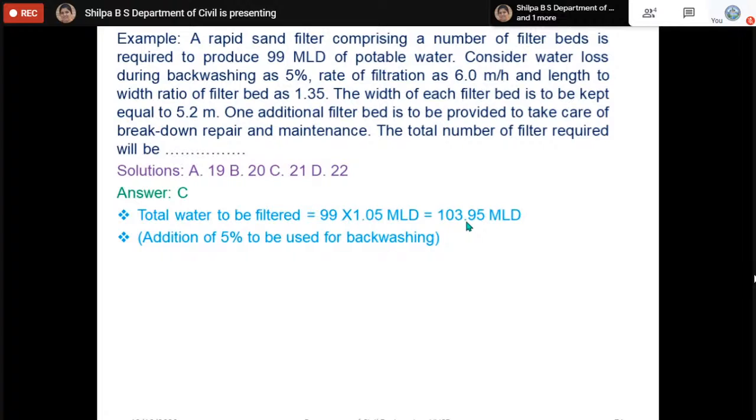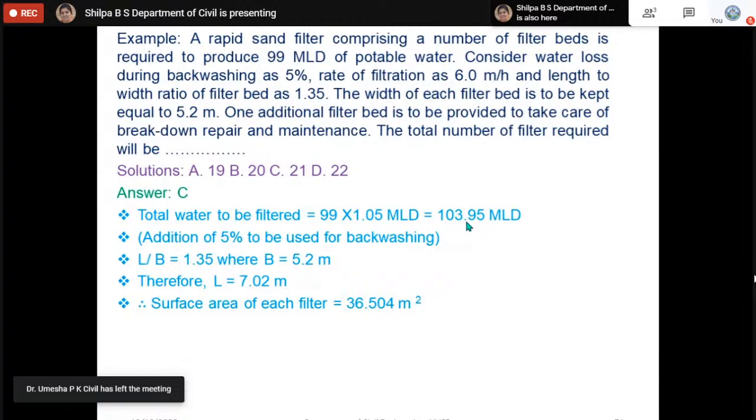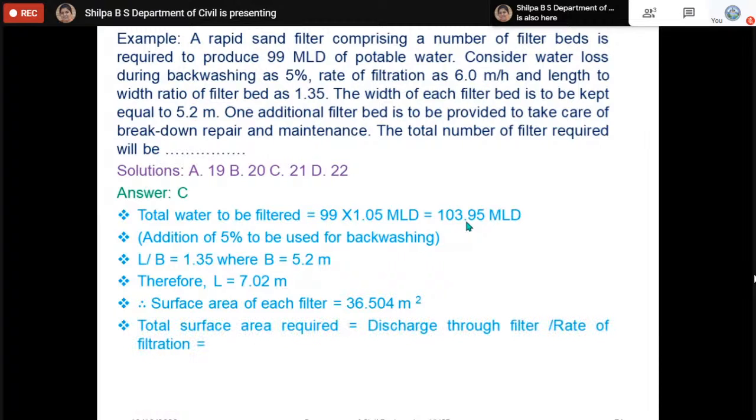The length to breadth ratio is given as 1.35, and width is 5.2 meters, so the length will be 7.02. The surface area of each filter is 36.504. The total surface area required, we can calculate from the discharge through the filter per the rate of filtration.